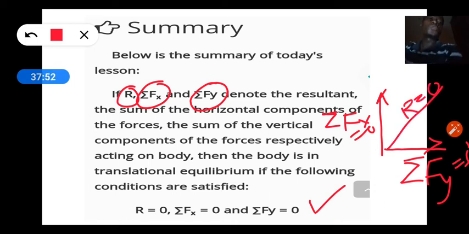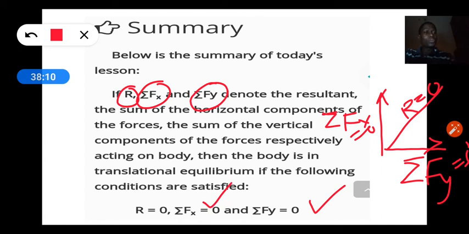That's for forces acting on an object in equilibrium. So when you resolve each of the forces along the x-axis, the summation gives us 0.